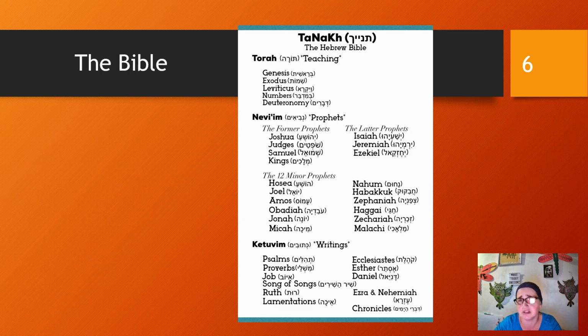They start out as scattered documents, scattered scrolls, compiled and edited and written by many, many hands over about 1,000 years or more. From about the 8th century to the 5th century BCE is when we actually have the majority or the hearts of these texts being composed.